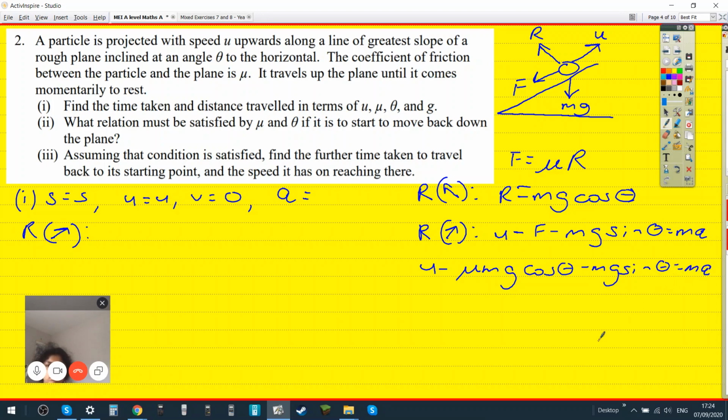And then you could divide through by m to find what a is. So you'd have u over m minus mu g cos theta minus g sine theta is equal to a.